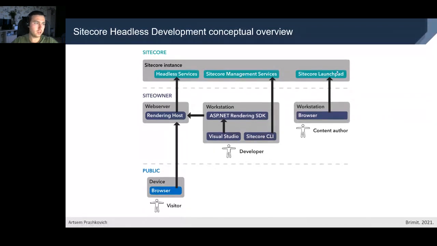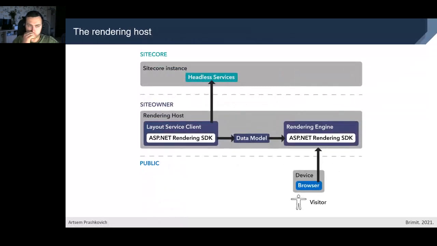And here is the Sitecore Launchpad, a pretty standard thing that all of us use to access Sitecore, and the content authors work with that in the same way as with the standard solution. Looking at the rendering host in more detail, it functions in the following way. The visitor sends a request to the web server, which activates the rendering host web application.